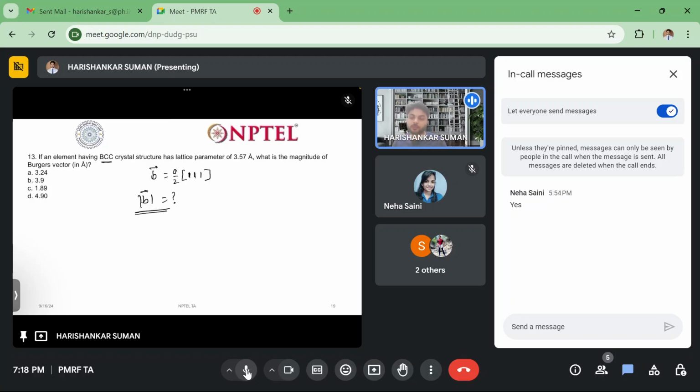You can take 5 minutes for this question. What will be the magnitude? Then put the number. A is given in angstrom, we have to also calculate in angstrom.